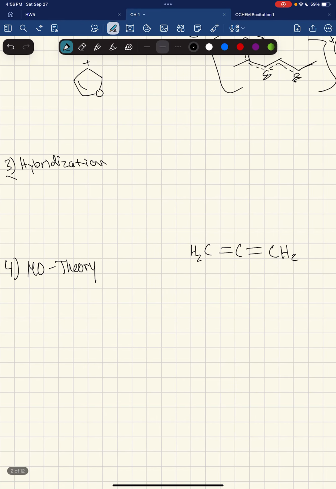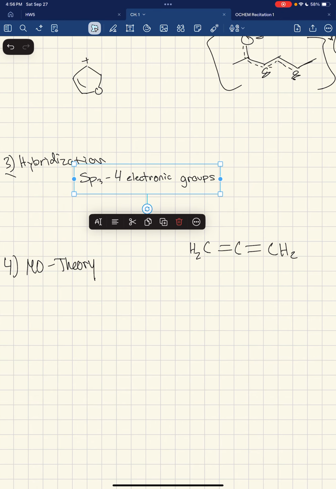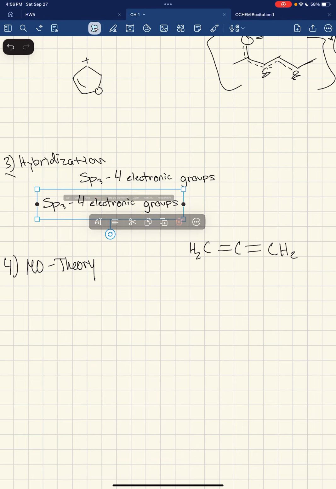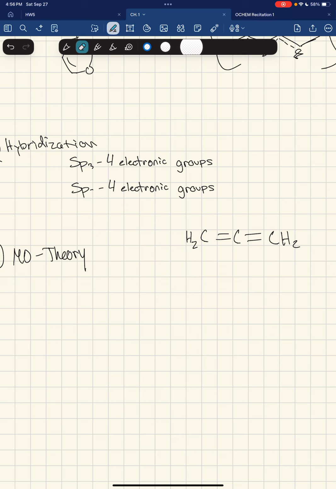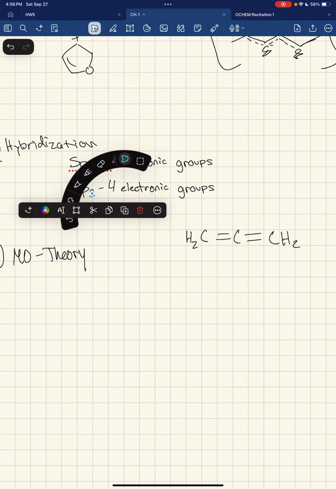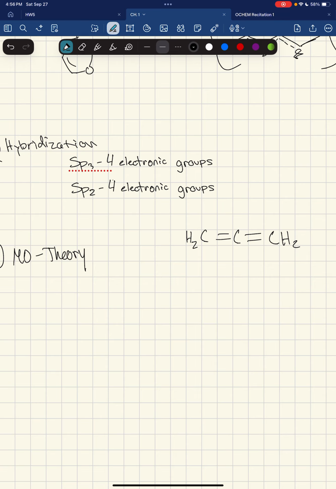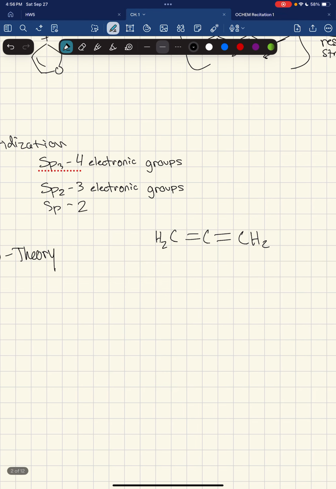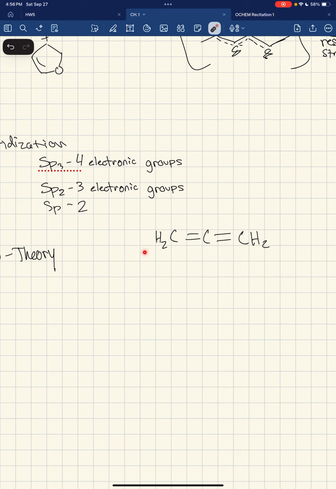So for hybridization, sp3 means there are 4 electronic groups bonded to your atom. sp2 means there are 3. sp means there are 2.